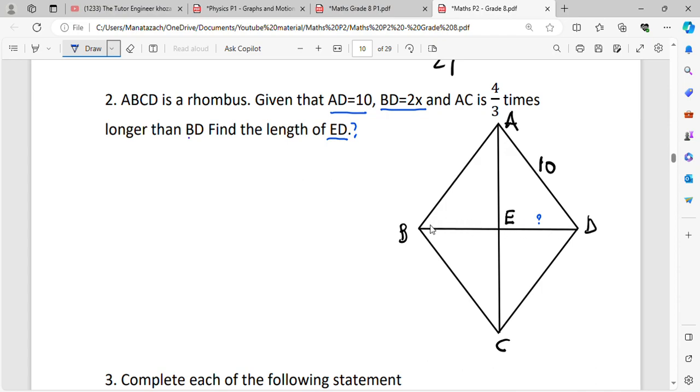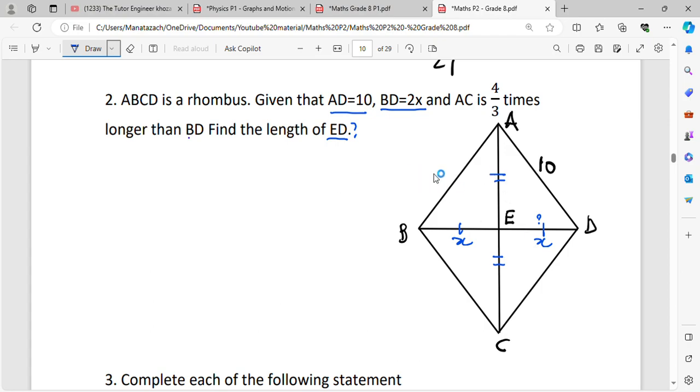So this is BD, and this is a kite. This side is equal to that side. So the diagonals of the rhombus bisect each other. So let's say if BD is 2x, this one will be x, ED is also going to be x.